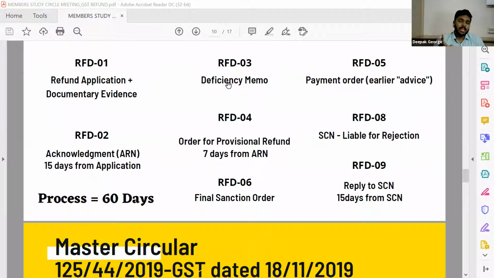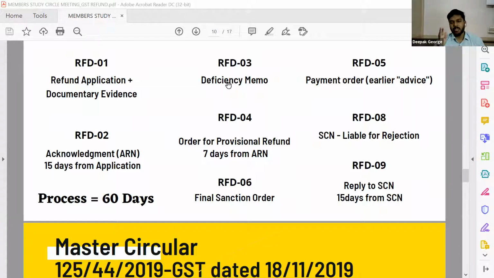Then he or she will pass the payment advice in RFP 05, which is nothing but an instruction to the state tax officer in the jurisdiction in which you have obtained GST registration. Basically, the state tax officer ruling your jurisdiction. It is advised to that person to also check it. And then if okay, pass a refund order, sanction it, and then payment will be initiated.